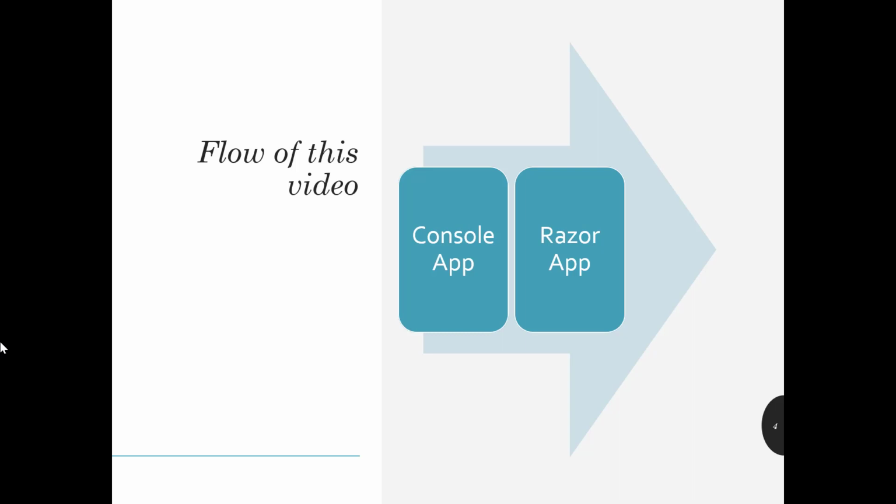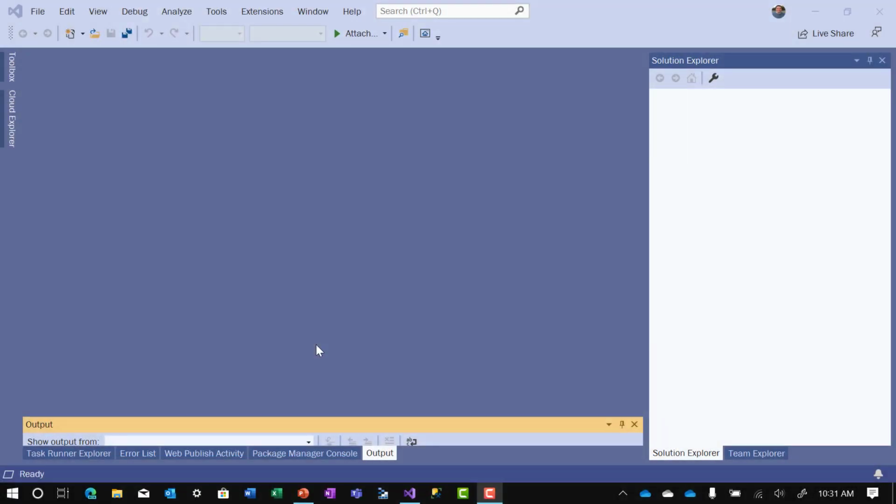And then once we do that, we will implement the Blazor components, which are actually called Razor components, in a Blazor application. It'll be a pretty basic application today, but I did want to show you the steps and how we go from a console application to a Blazor application. So let's go to Visual Studio and get started.